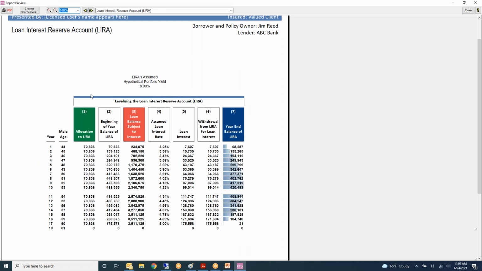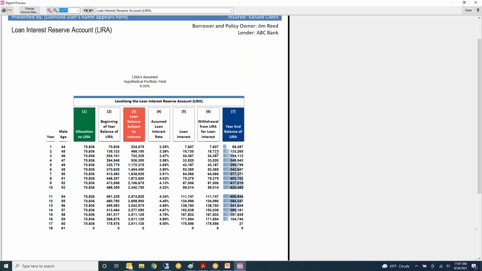If he just wants to know what is his levelized annual commitment to take care of the interest payment, he needs to come up with about 70,800, put it into an account earning 8%, and you see every year he's going to withdraw this kind of money, which is going to be used to pay back to the bank.